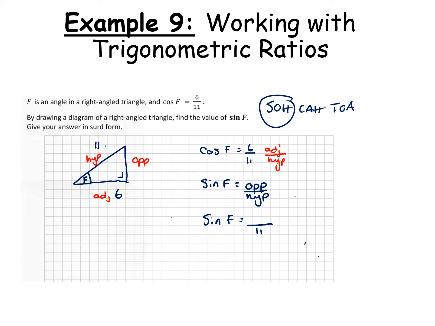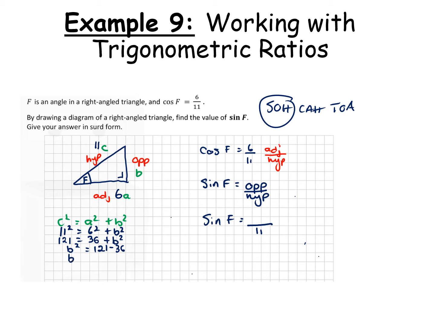The only way to do that is to work with Pythagoras using c squared is equal to a squared plus b squared. So working that through, we get 11 squared equals 6 squared plus b squared. And we get 121 is equal to 36 plus b squared. So taking 36 from both sides, we get 121 minus 36.